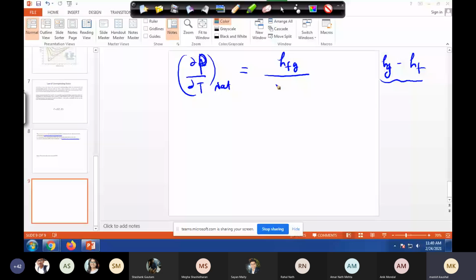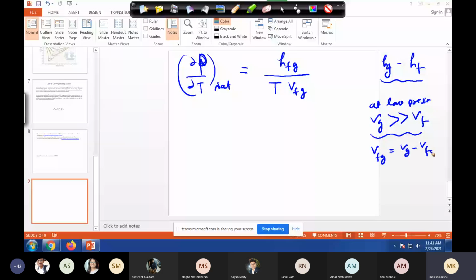And as someone suggested, generally, especially at low pressure, Vg is much greater than Vf. It means Vfg, which is nothing but Vg minus Vf, you can simply write as roughly equal to Vg. So Hfg, that is not true for Hf and Hg by the way, over Vg T.